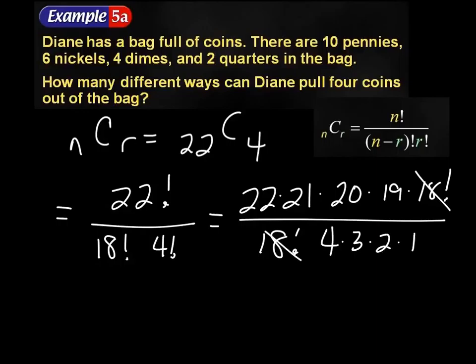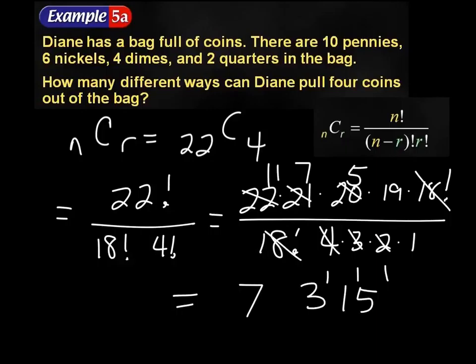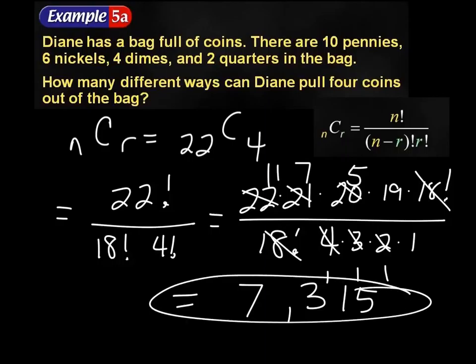Okay, the 18s are gone. 4 will go into 20 nicely, and 3 will go into 21, and 2 will go into 22. So out of a bag of 22 coins, there are, multiply that out, 7,315 ways you could pull out the coins.